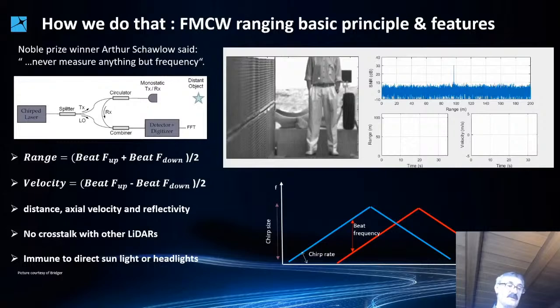Detected beat frequency between two coherent signals is proportional to the distance of the located object. Reliability of the measurement is based on the simplicity of the principle. The average of the beat frequencies produced by opposite chirp signs gives the range. The difference of the beat frequencies gives the velocity.